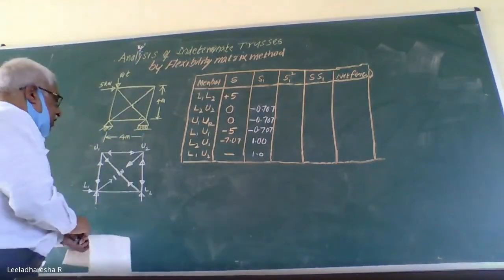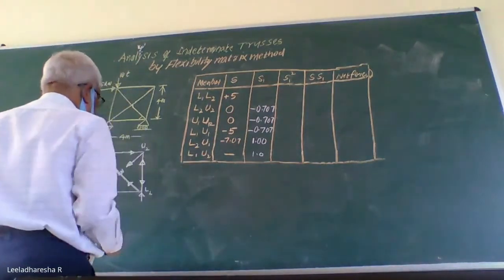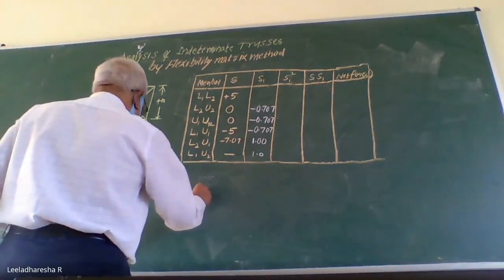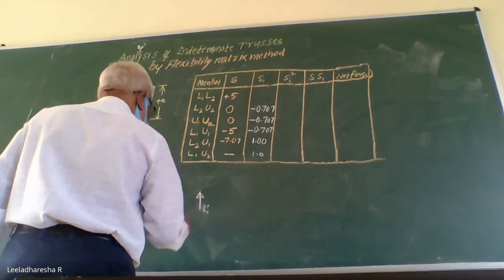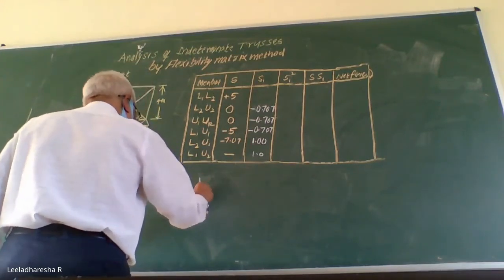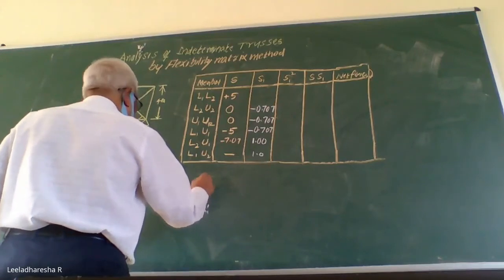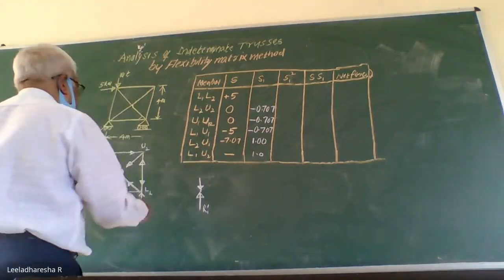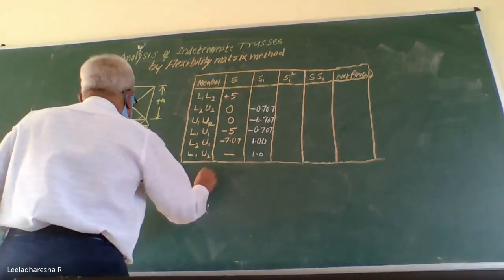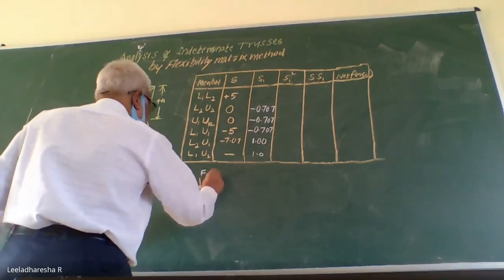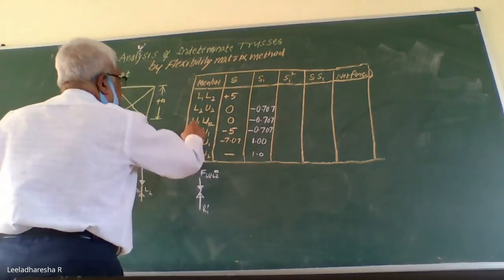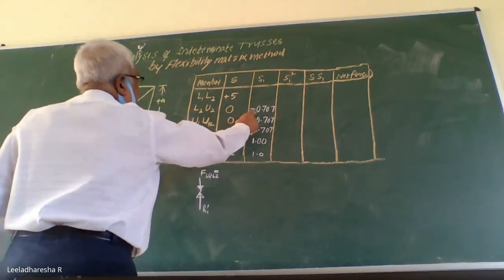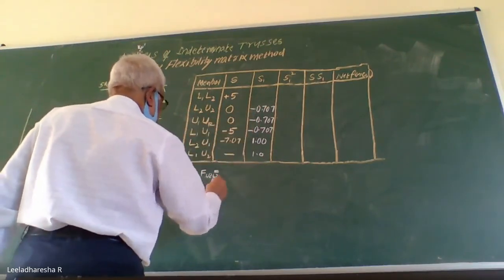So, now, considering L2, there is one vertical reaction R1 dash. You can call it, but it is not necessary for me, so I cannot find that. There is a vertical force F U2 L2. So how much we got for F U2 L2? We got this as 0.707.